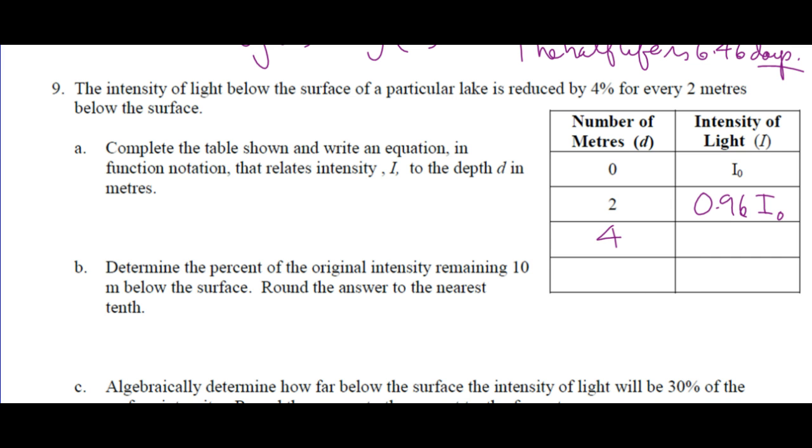I assume we're going to go to 4 meters then, since it's every 2 meters. What's the next one? 0.96 squared. And at 6 meters?